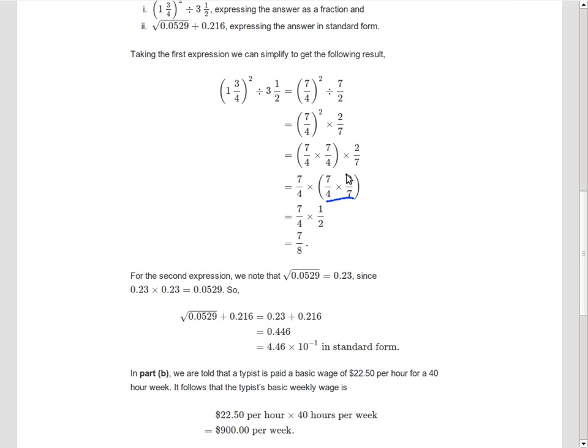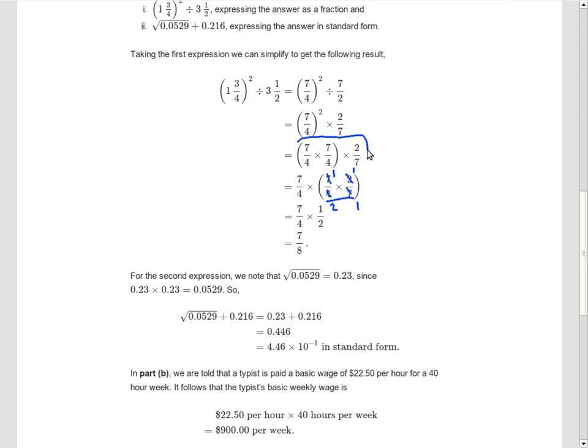So 2 into 2, 1, 2 into 4, 2, 7 into 7, 1, 7 into 7, 1, and this will give us the half. That's how I got the half here. Now these two fractions don't have anything in common, and so we just multiply by multiplying the numerators and multiplying the denominators. So 7 by 1 is 7, and 4 by 2 is 8. And that's how we get the 7 over 8.